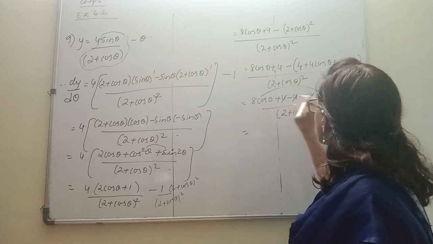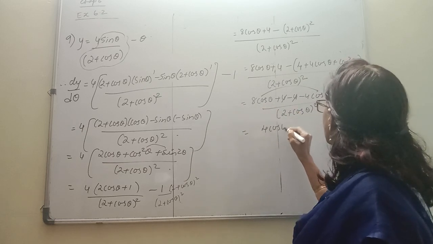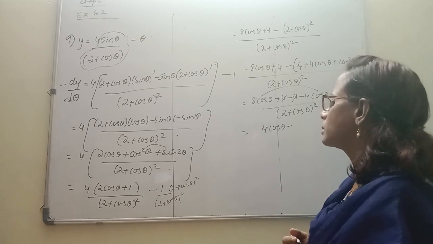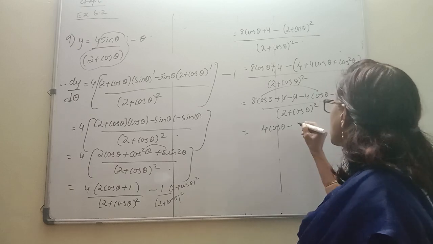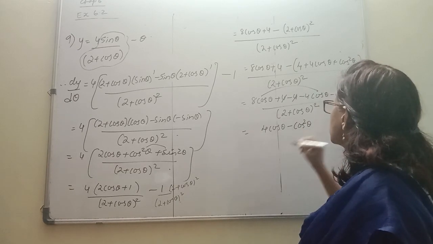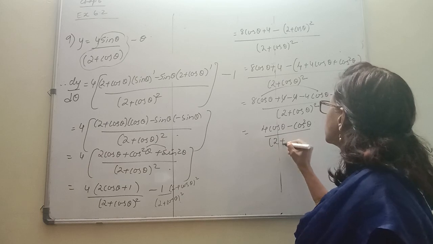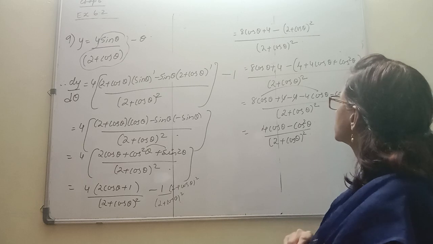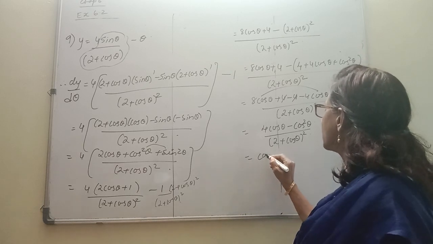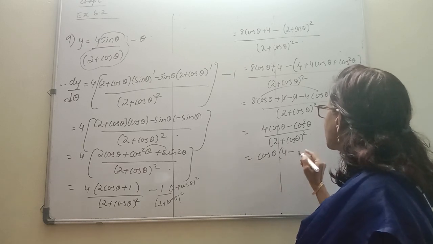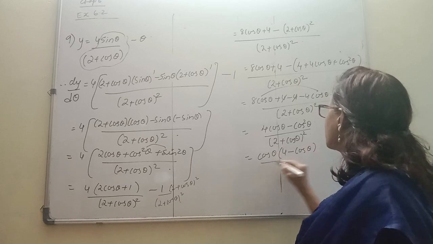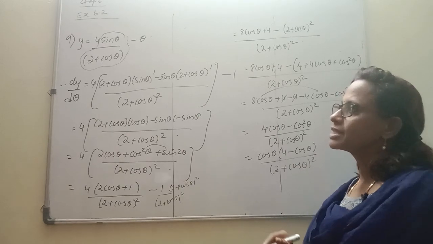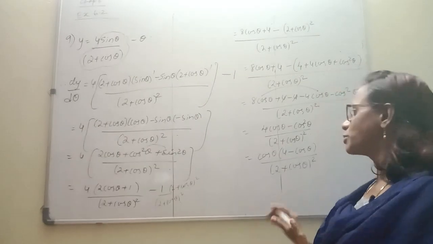Okay, so how much is this coming to? 4 cos theta minus cos squared theta. Yeah, so we could have the cos theta coming up, cos theta times 4 minus cos theta by 2 plus cos theta the whole square.